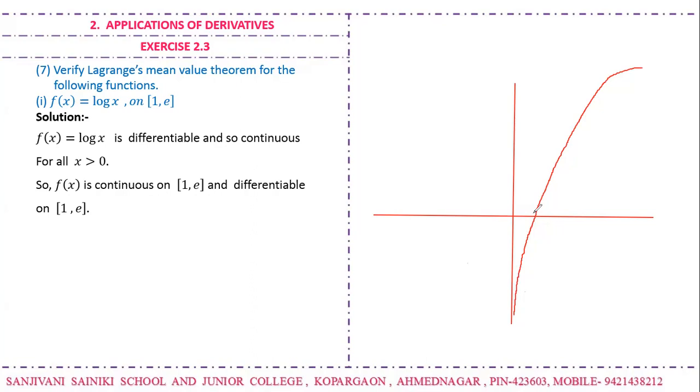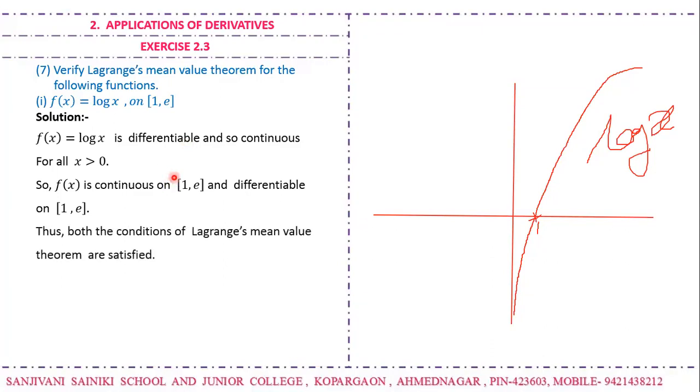Log of 1 is 0, so y is equal to 0. This is the function log of x. There is no break anywhere for this function, so the function is continuous everywhere and differentiable everywhere. So both conditions of Lagrange's mean value theorem are satisfied.